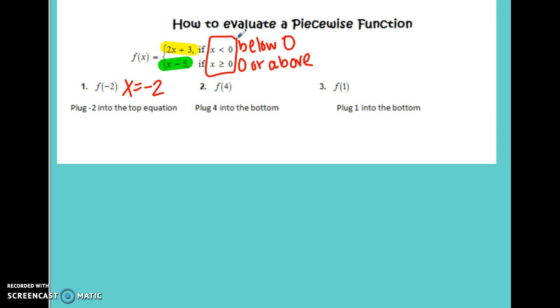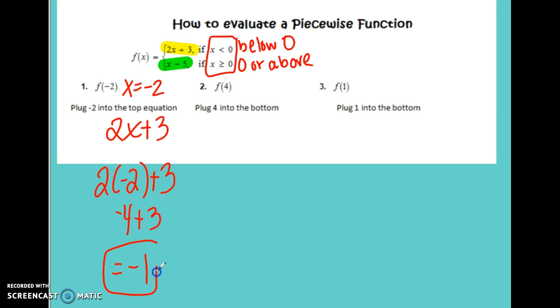Negative 2 is below 0, so we're going to plug negative 2 into the top. We just evaluate, and we get negative 1. So f of negative 2 is negative 1. It tells you where to plug each value in. F of 4 means when x is 4. F of 1 means when x is 1. So that's what you're going to do for those 2 right there.